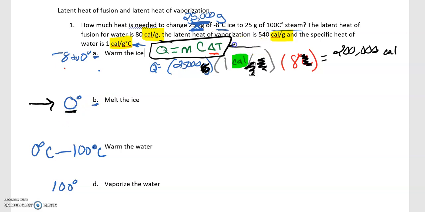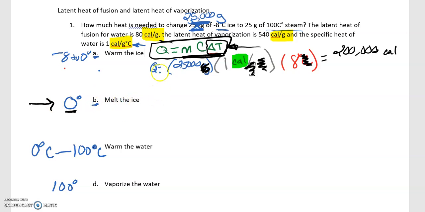So if we were to use this same formula up here, our delta T would be 0. And anytime we multiply by 0, our product is 0. So if we try to use this formula during a phase change, it will always produce 0 heat, and that can't be the case. So if you're struggling on when you should use each formula, kind of keep that in mind.